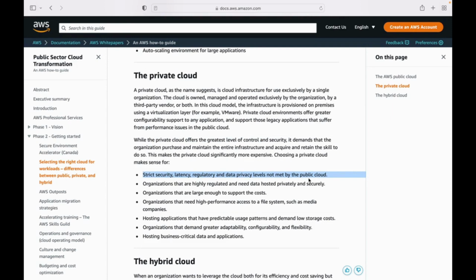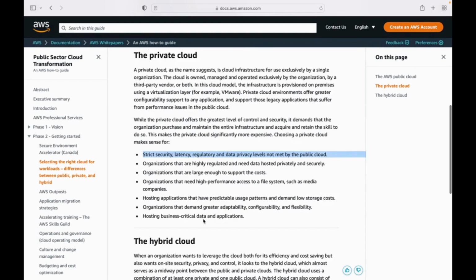In private cloud, the customer can define what level of access a person in their team could have. You can also restrict what portion of traffic is allowed into your private cloud. So the customer has much more control in terms of access. If you want to host a business critical application and data, then private cloud is the go-to model. I hope that makes sense.